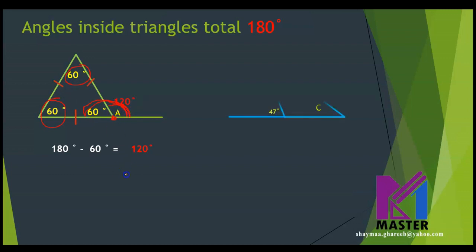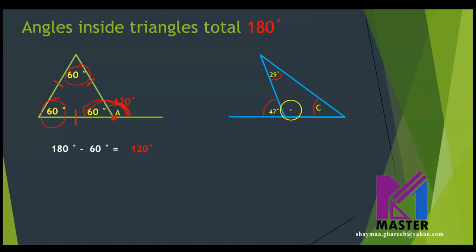Let's see another example. I also have an exterior angle here, which is 47. And this triangle has 29, and this is angle C, and this angle I don't know, and I want to calculate the size of angle C. I can do it in two different ways.